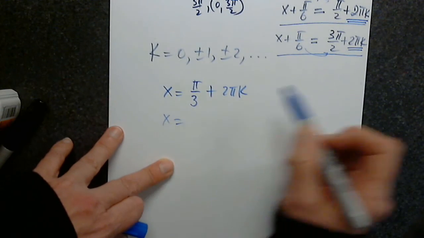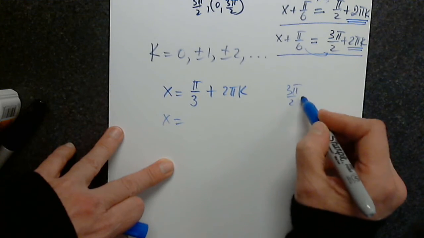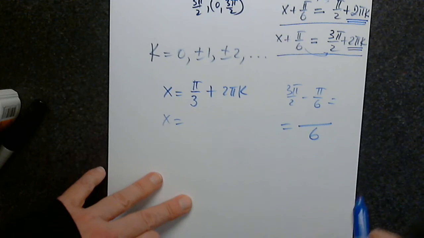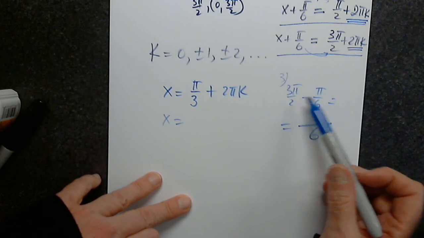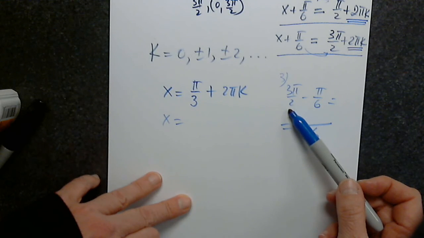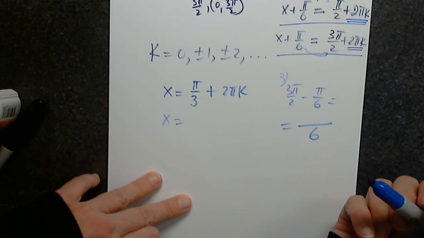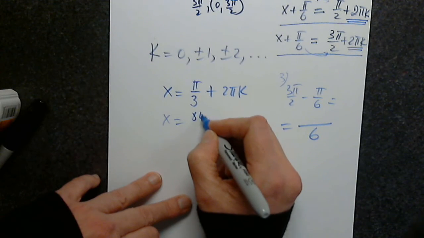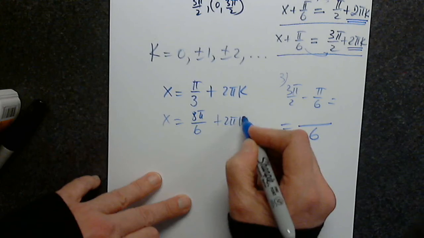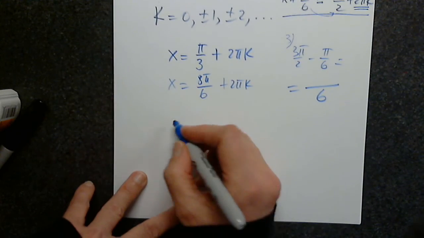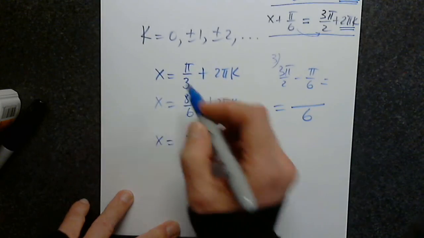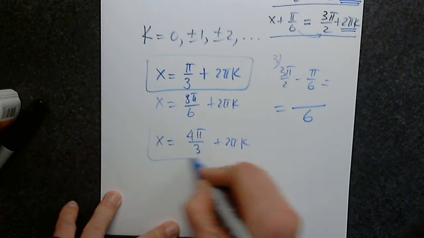And the other one is 3 pi over 2 minus pi over 6. We find the least common denominator. We multiply this by 3, and we get 9 minus 1, so I got 8 pi over 6, or I simplify and I get 4 pi over 3, plus 2 pi k. So this is one, and this is the other.